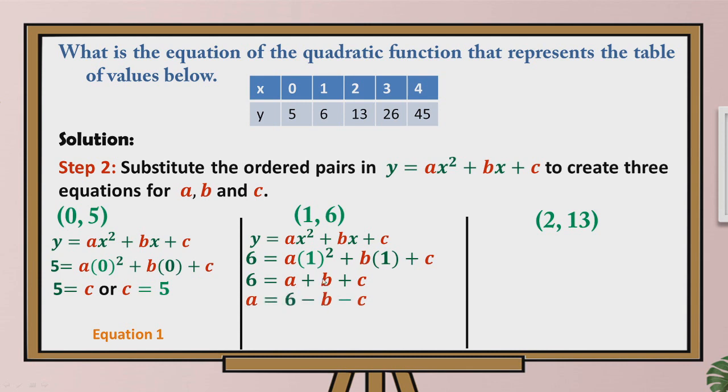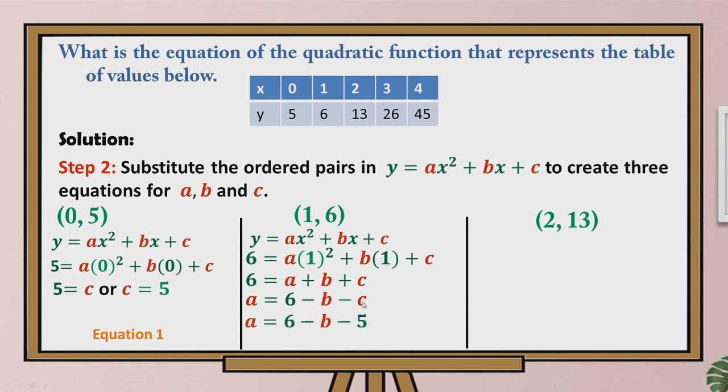So I will be just transferring b and c to the other side of my equation. So the resulting equation will be this one. So bakit naging negative? Because I already transferred b and c to the other side of the equation kasama ni 6. So instead of positive, magiging negative na siya since it crosses the equal sign. So our resulting equation will be a equals 6 minus b minus c.